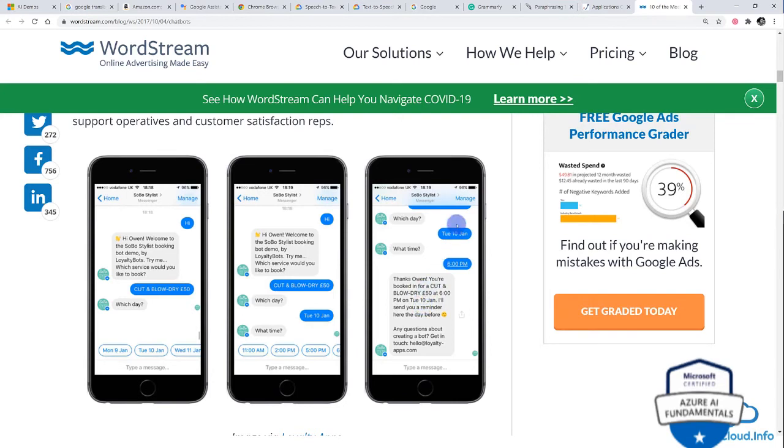So you can see that here the human is interacting with the chatbot, and the chatbot understands the human response, and the chatbot answers human questions and responses, and in fact can take some action if required as part of that conversation.